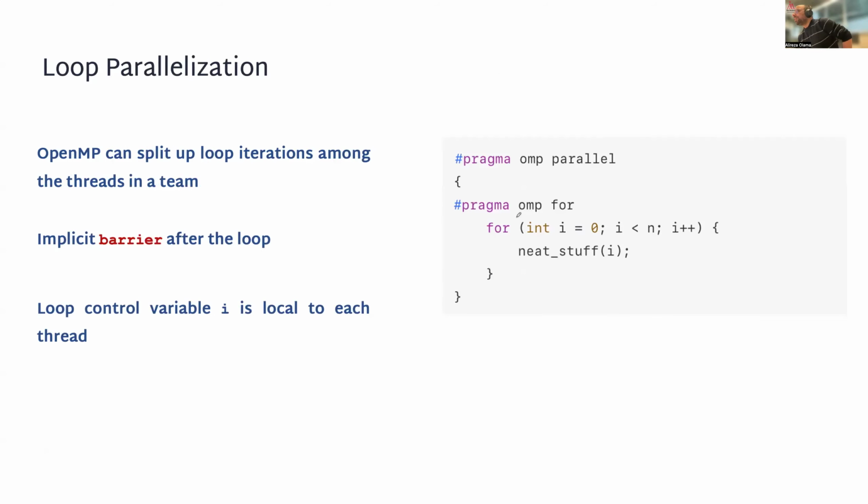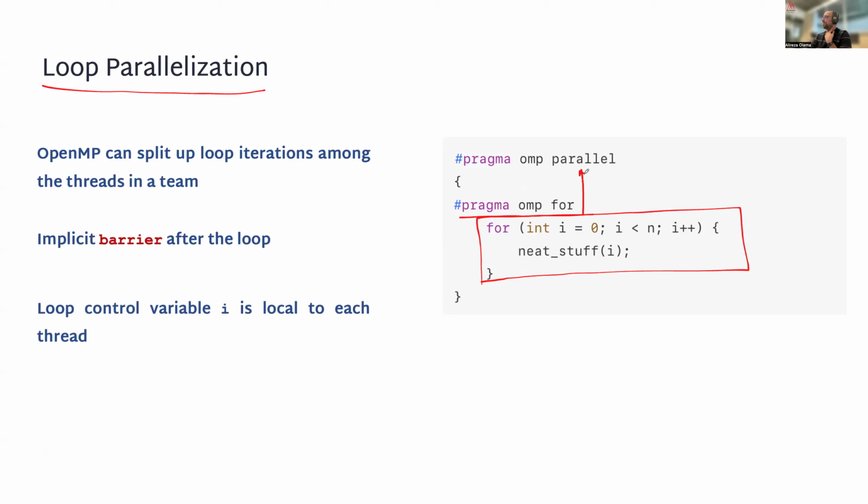Okay. So let's talk a little bit about loop parallelization. That is quite simple. Assume we have a for loop with independent steps. You can easily parallelize it using OpenMP, using this pragma omp for, and this should be defined within this pragma omp parallel.